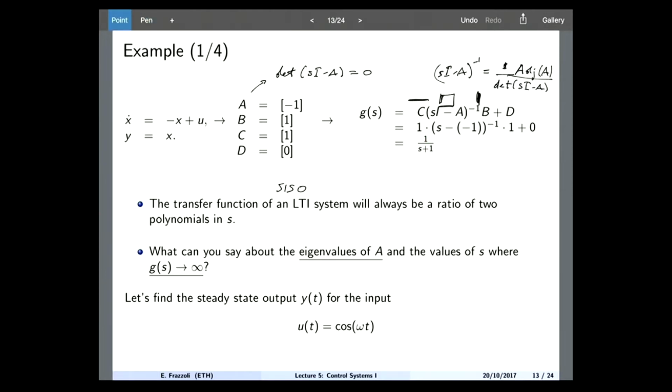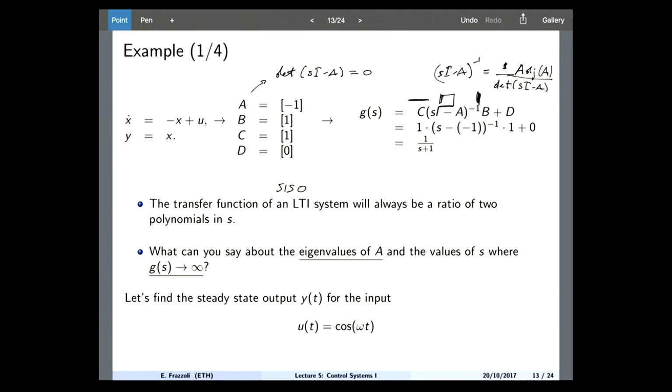But, valid point. In this class, we will only do single input, single output systems, so don't worry about the matrix case. For us, the transfer function will just be a scalar function. Clear?